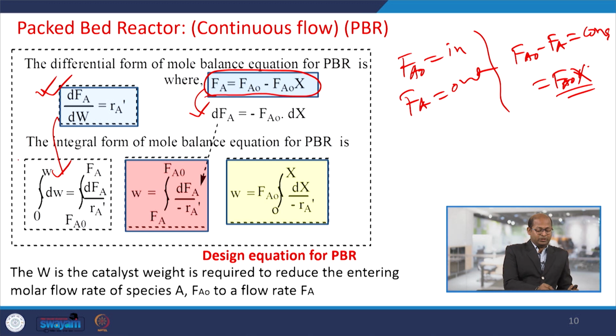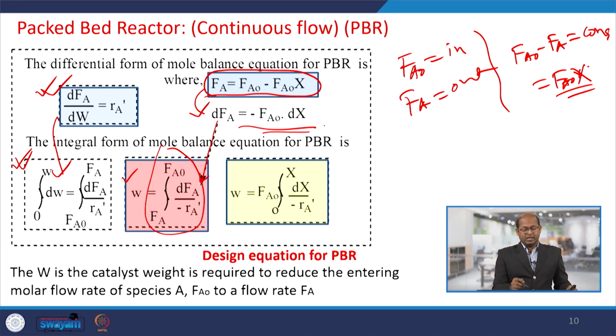So here we are integrating this, and on the left hand side we get W, and on the right hand side we get this. The dFA that we get, we can replace with this. Then the design equation, which was expressed in terms of molar flow rate, is now expressed in terms of conversion.